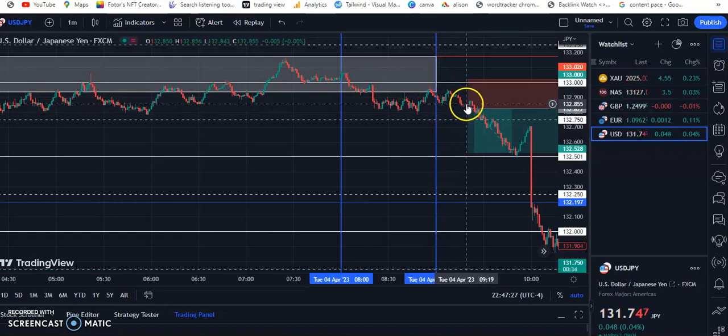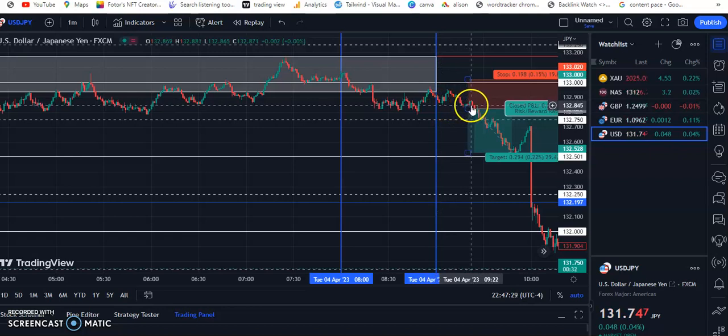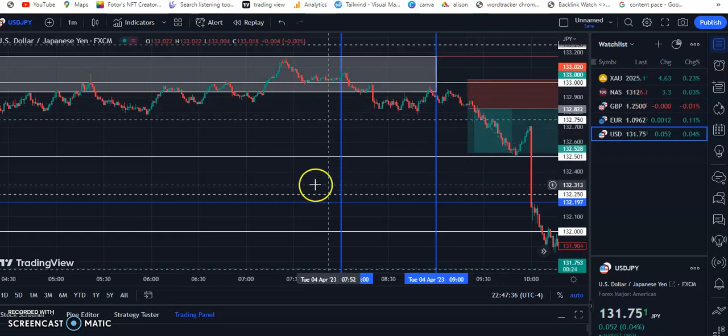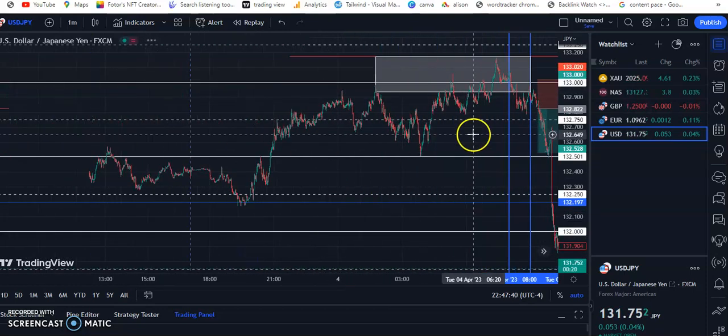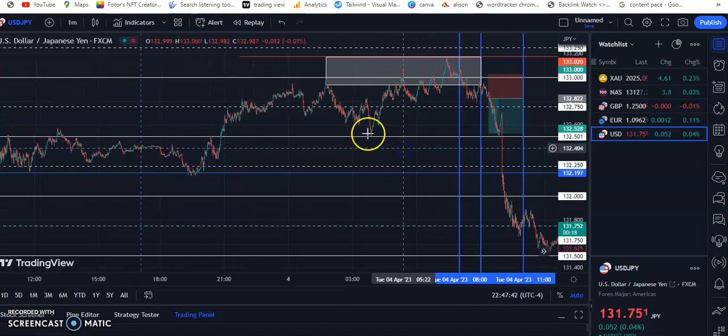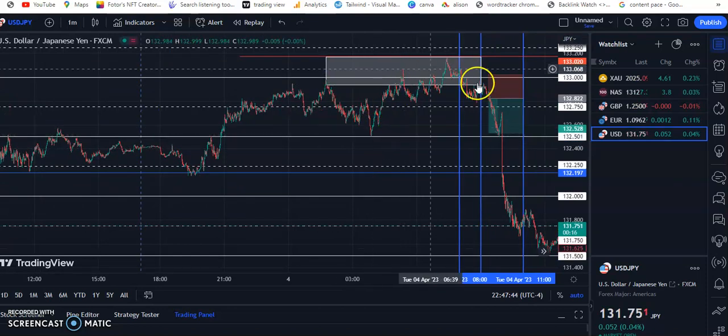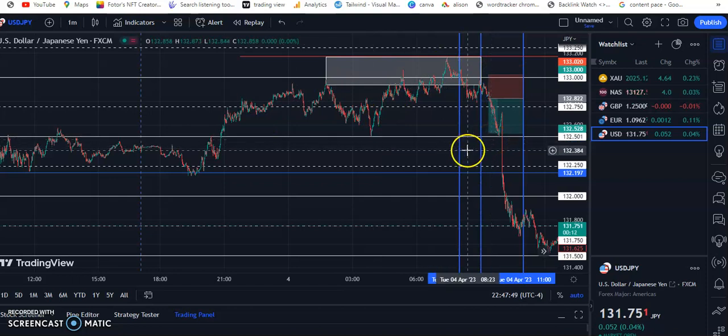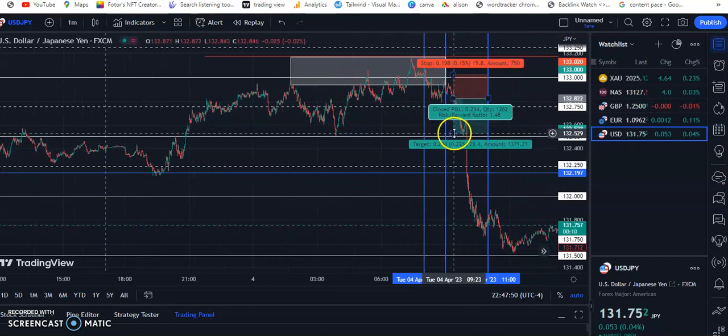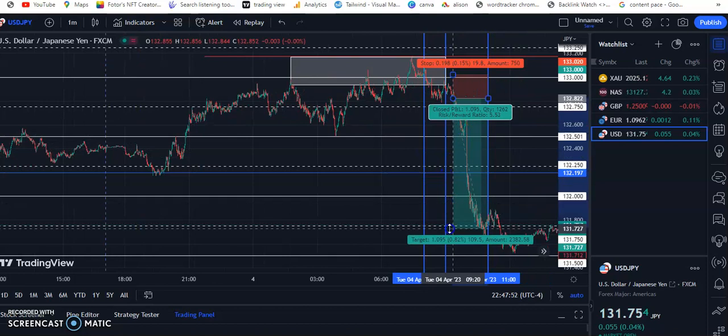So it broke structure, retested, and at 9:23 gave us our engulfment. I was in after that engulfment, targeting this pump and dump setup, this pump, this dump. But it was a measured move, so it fell over 100 pips.